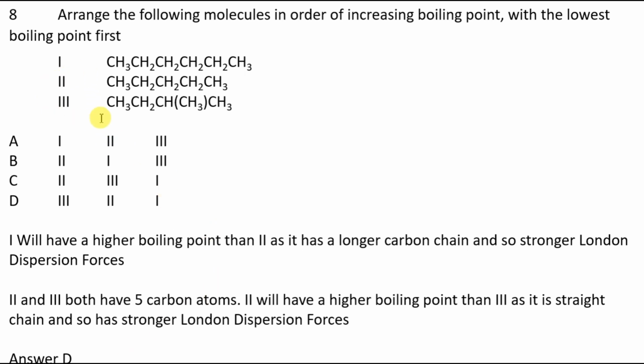And comparing 2 and 3, both have 5 carbon atoms. 2 will have a higher boiling point than 3, as it is a straight chain, so has stronger London dispersion forces. Answer D. That's it.